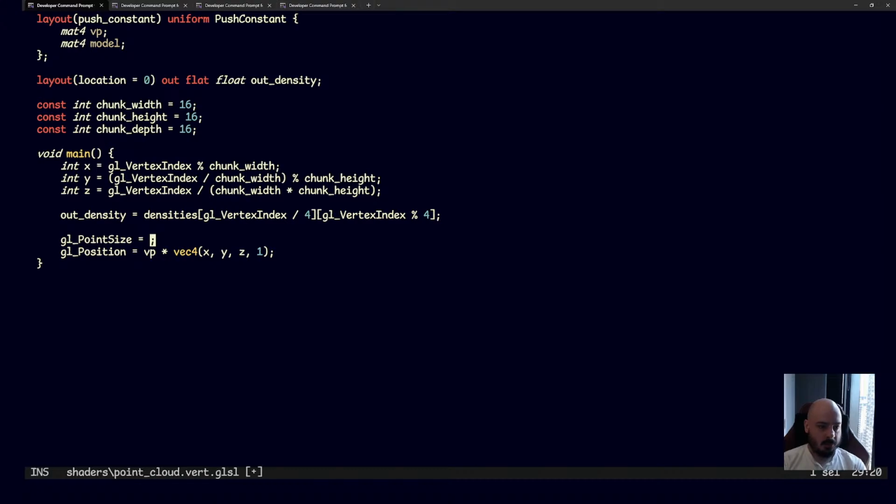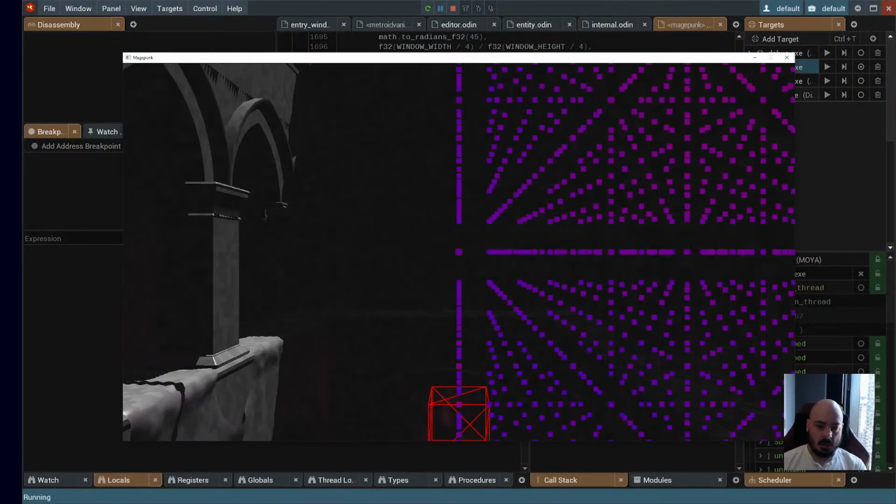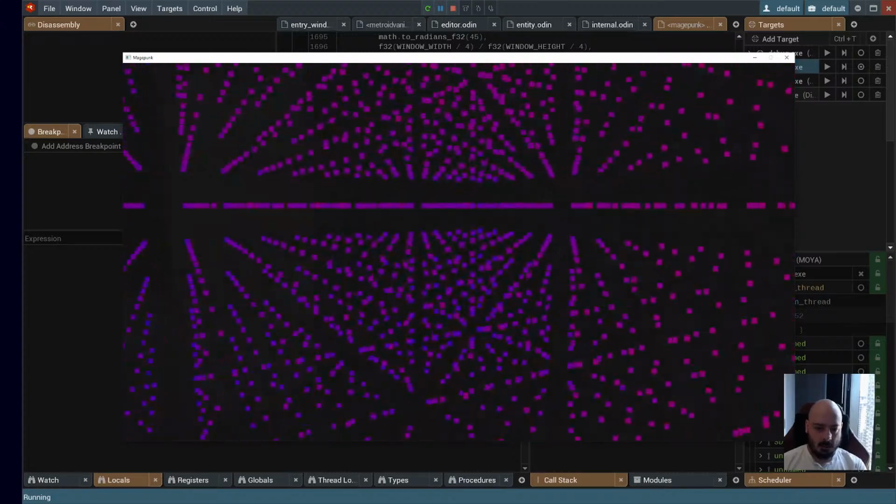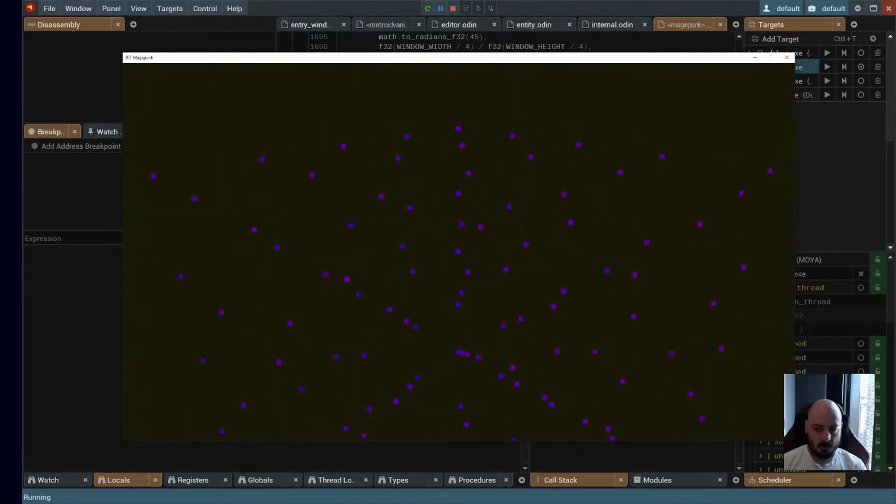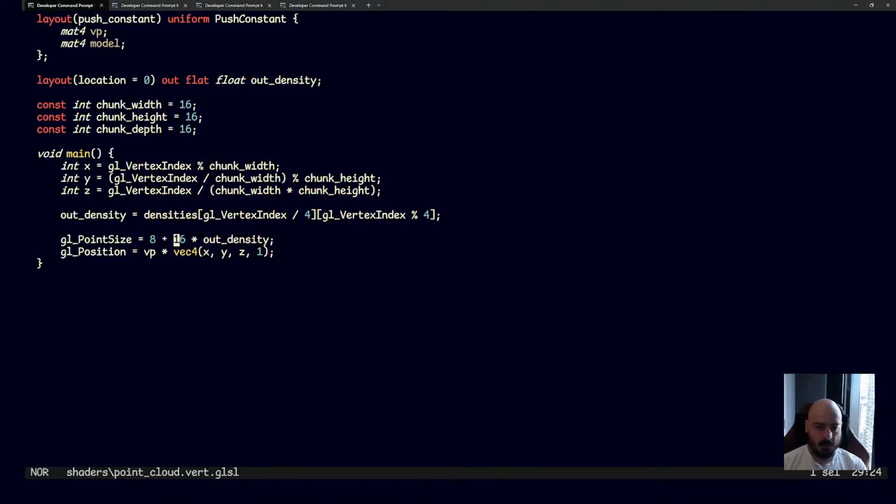I'm just going to say 16 times 8 plus 16 times out density. Something like that. Let's see what that looks like. Okay. No, that needs to be a much larger number, I suppose.